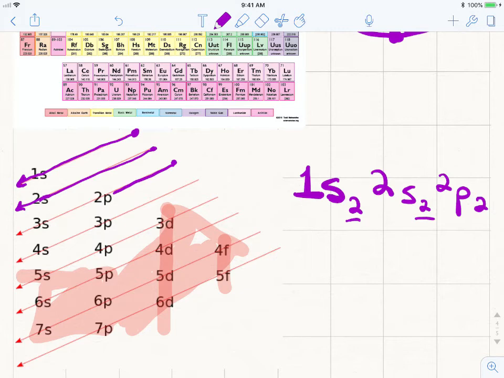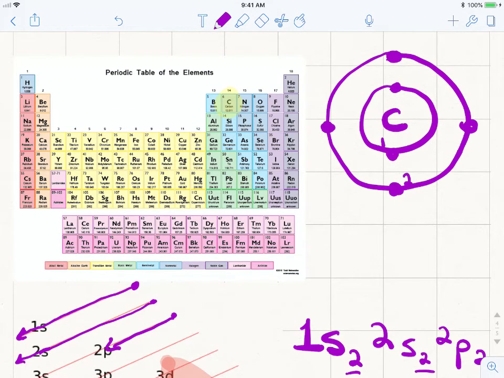Another way that we can write this, instead of writing 1s2, 2s2, 2p2, is we can do a shortcut and we can write whatever our last noble gas was. It's a little bit confusing, but we would do it like this. We would write it in brackets, helium, which is here, and then how many additional electrons you have?